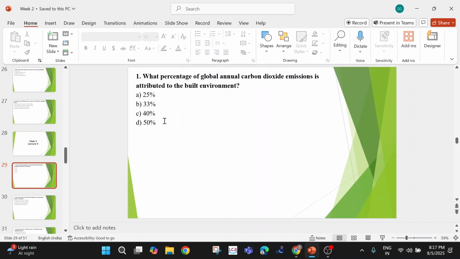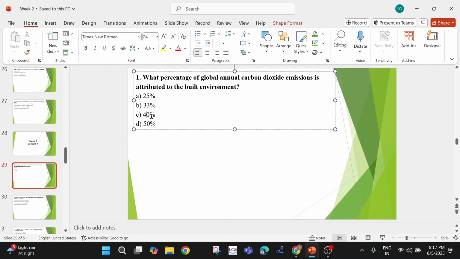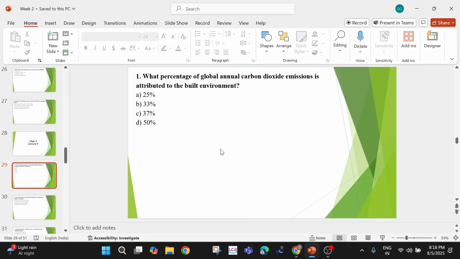Actually, let me correct it. It was 37%. When you are talking about emissions, it was 37%, but the nearest option to that answer is approximately 40%. So 37% is the correct answer. Option C is the correct answer for this question.